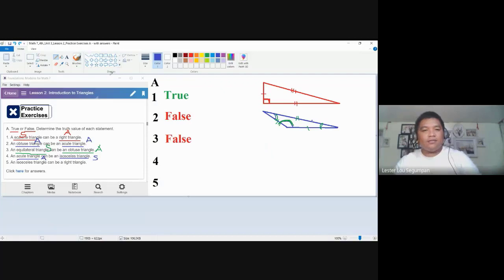Let me create a better one like this. Okay. So we have here an isosceles triangle and all angles are acute. That would mean an acute triangle can be isosceles. The answer for number four is true.